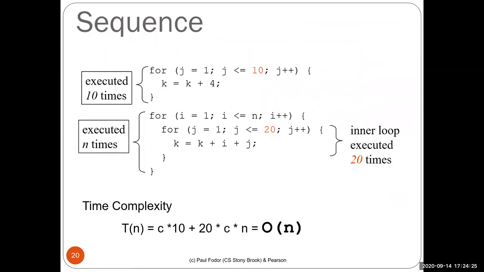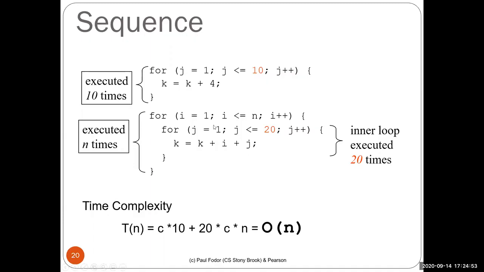What if we have multiple parts of our algorithm? We have a part of the algorithm which basically iterates from j equal 1 to 10 and executes some constant operation. And then we have a part that iterates from i equal 1 to n and an inner loop that executes 20 times. So we already computed the efficiency of the inner loop.